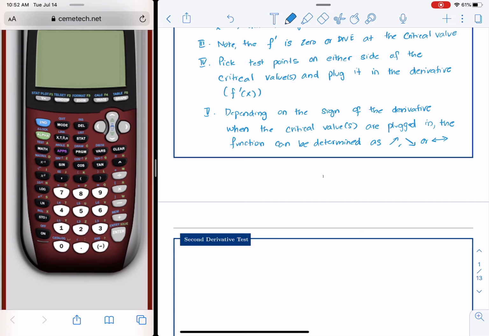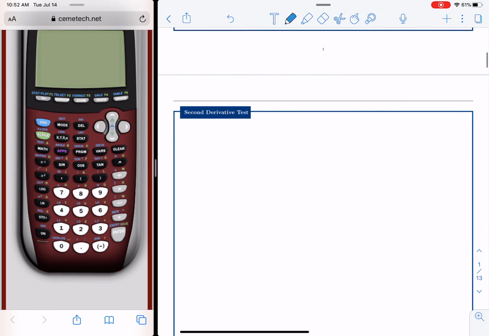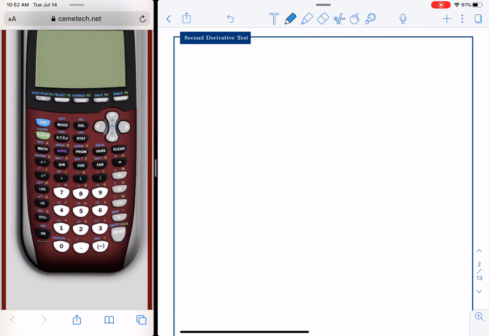The second derivative test naturally would use the second derivative. So what does it tell us?